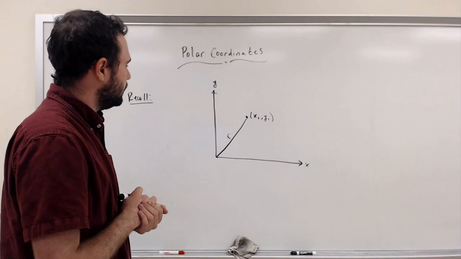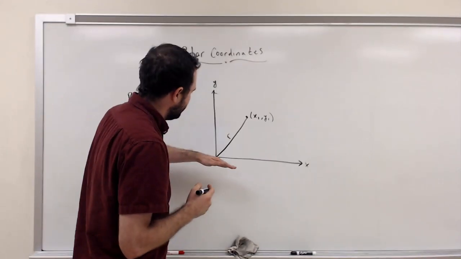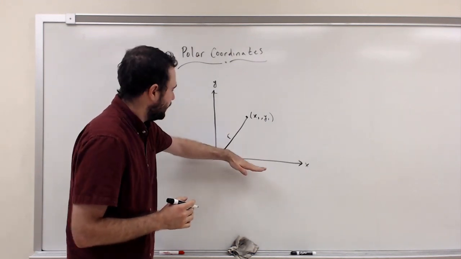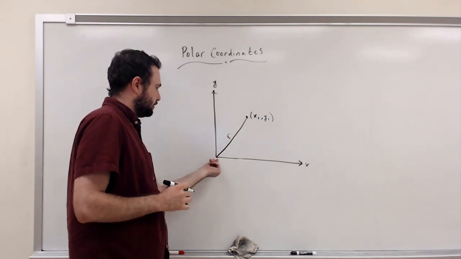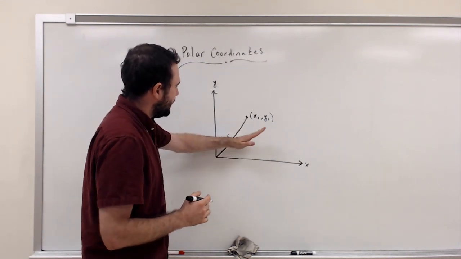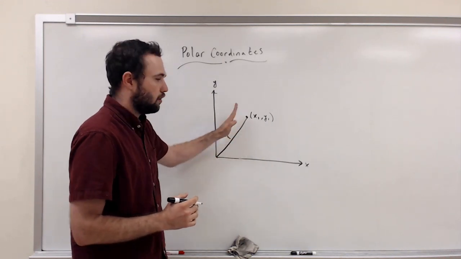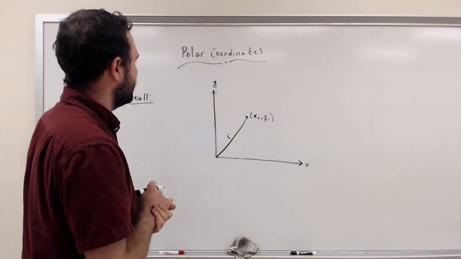Now, notice this radius. You want to imagine this radius laying down on the x-axis, and slowly we raise it up. It's attached at the origin, but we raise it up. And as it goes along, we're going to carve out a circle.